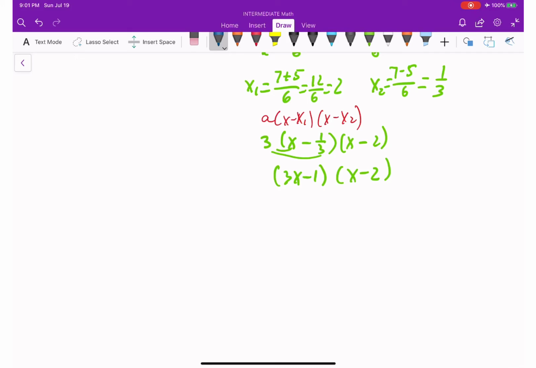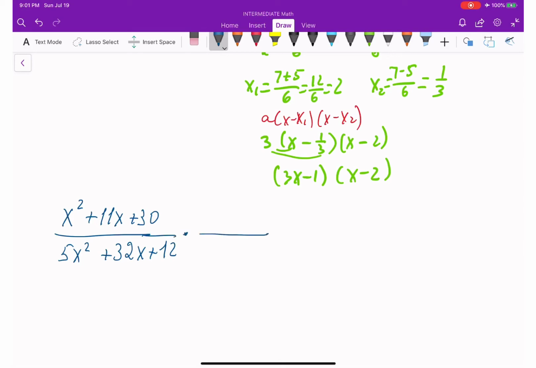Let me do one more multiplication just in case, to make sure we have enough. x squared plus 11x plus 30 over 5x squared plus 32x plus 12, times 5x squared minus 8x minus 4 over x squared plus 5x minus 14.